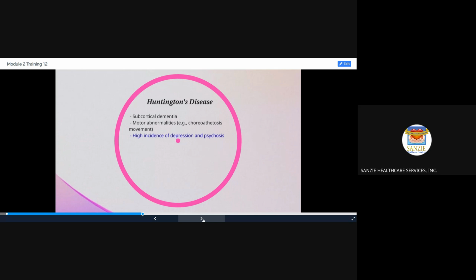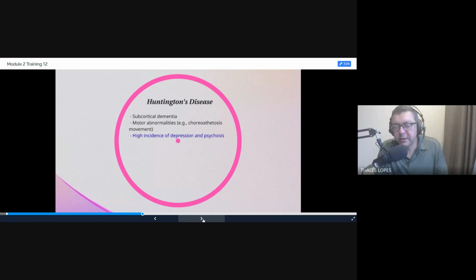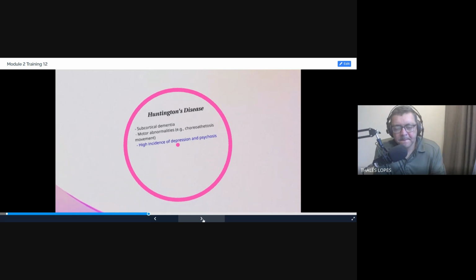Depression and movement disorders, right? So Huntington's, because it falls under the subcortical, has motor abnormalities. Choreiform movements, so movements that don't have any kind of shape. It's weird. So a high incidence of depression and psychosis. Okay.